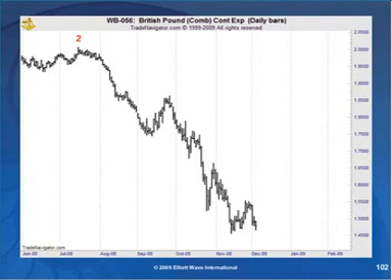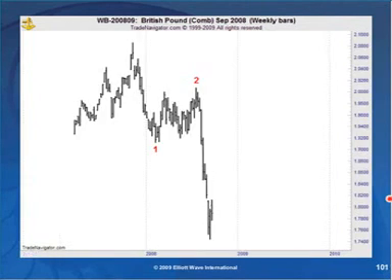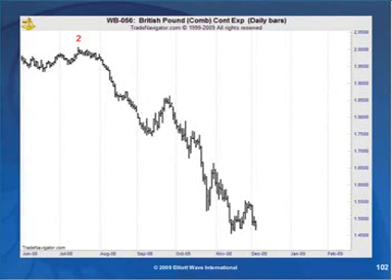And now what I'm doing is I'm coming down. Let me just step back. I'm going to blow up this area and go down to the daily. This is a daily bar chart on the continuation chart. And we're going to put in a wave count here. And this was during that time the pound's collapsing, and this was minor wave 2.